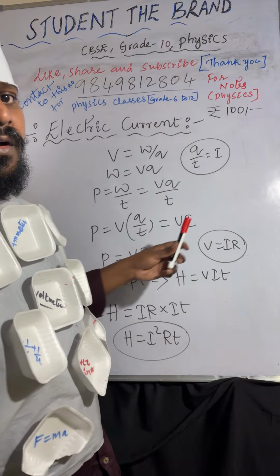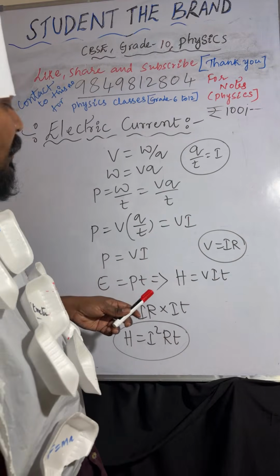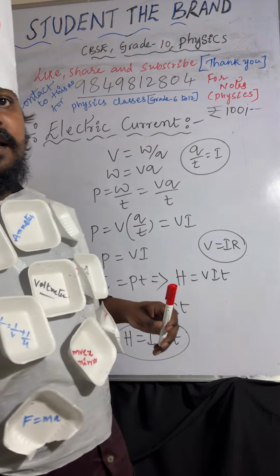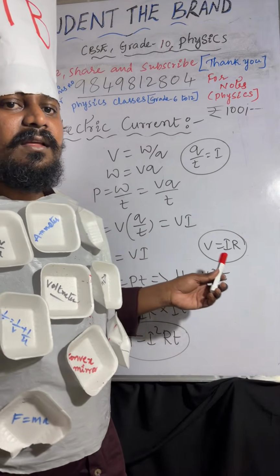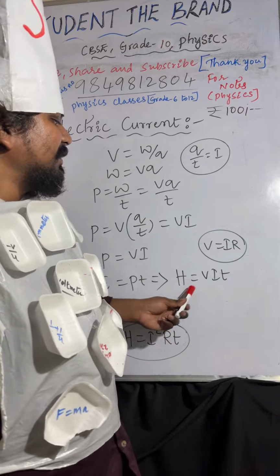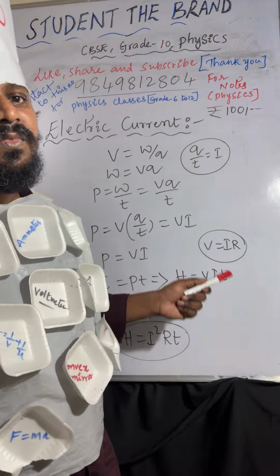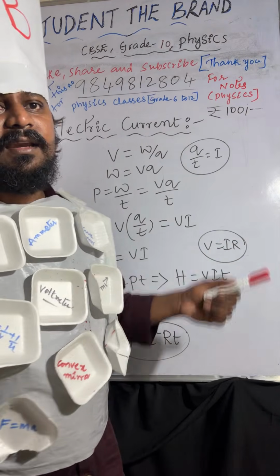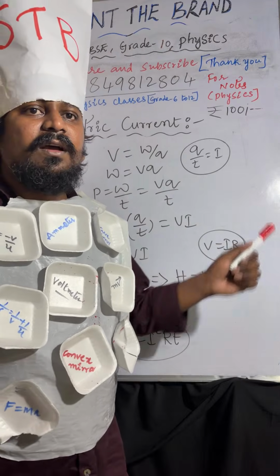Understood? Now you can see E is the energy given to the conductor, that is nothing but E equal to P into T. So H equal to VIT, and V equal to IR.